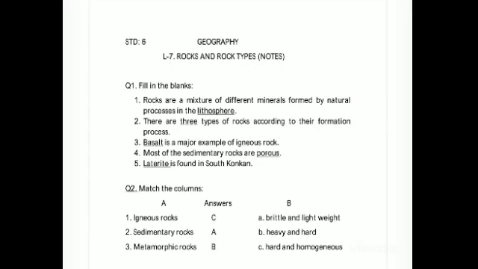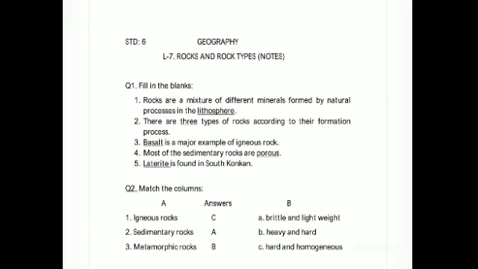Dash is a major example of igneous rock. The answer is basalt is a major example of igneous rock.